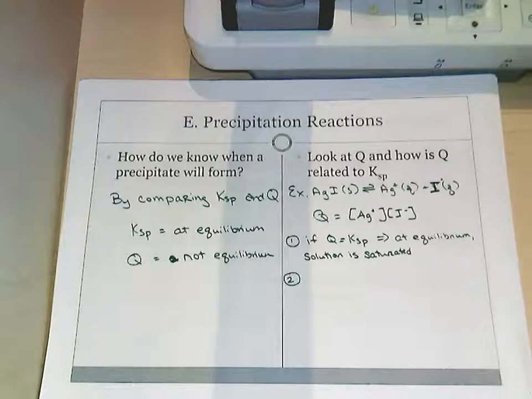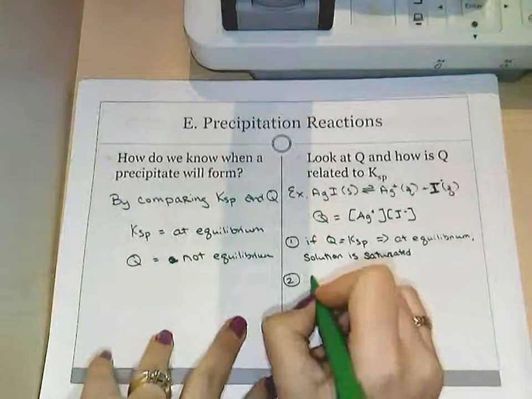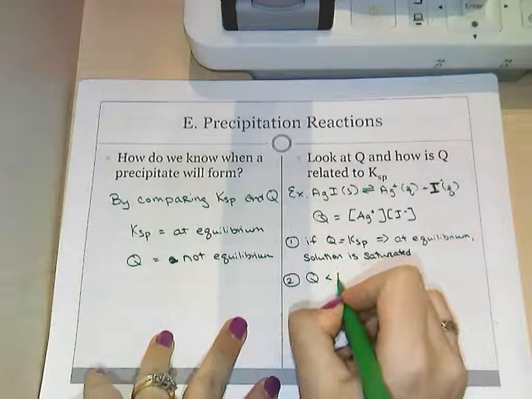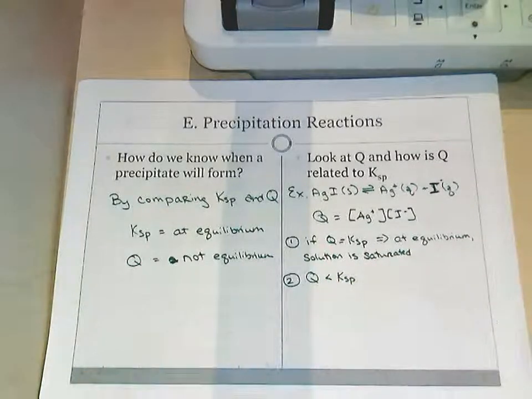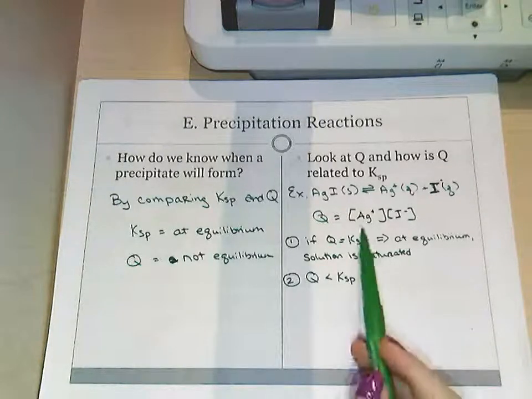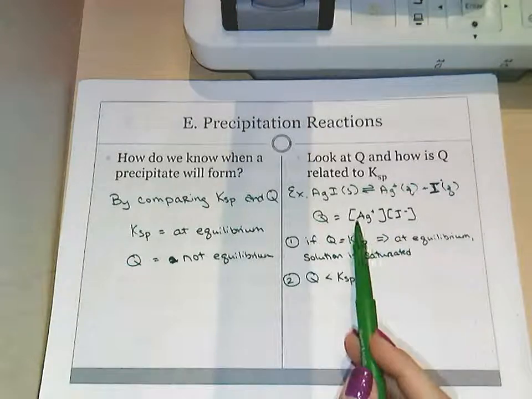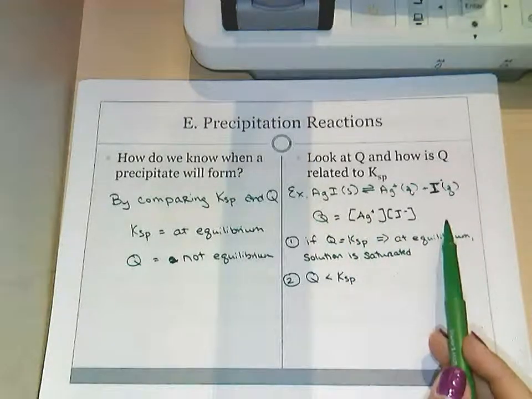Let's do if the value we calculate for Q is less than what is known to be KSP. Is the solution saturated? If I get a concentration of ions that is less than it could possibly be, we are not saturated.